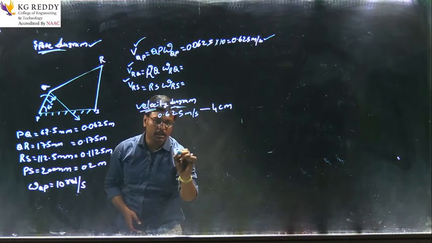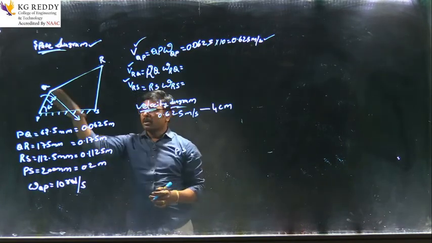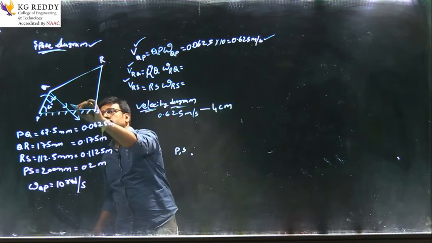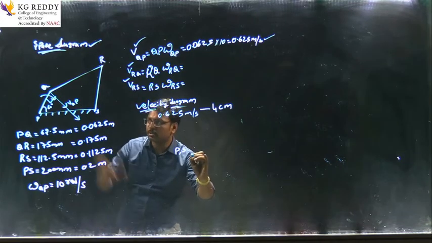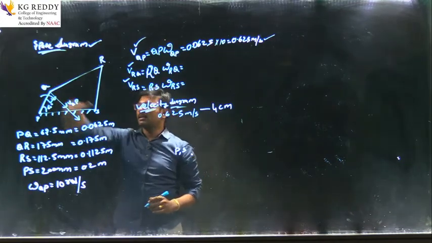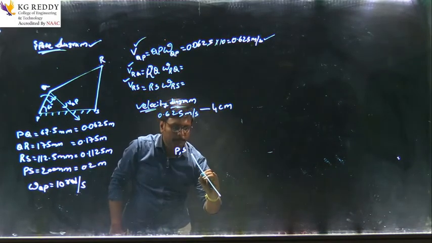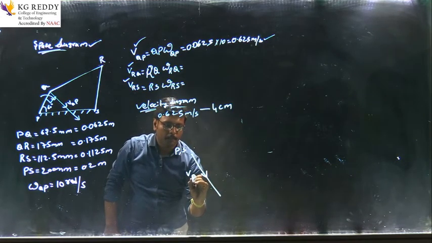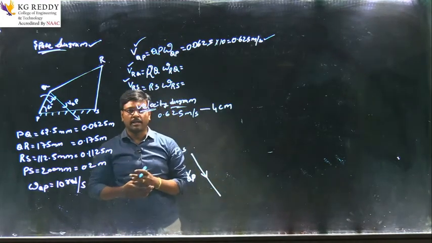If we consider this perpendicular to this PQ, this is velocity of Q with respect to P. We have to take the same direction. This is velocity of Q with respect to P. How much? 4 centimeter, that we have to take.